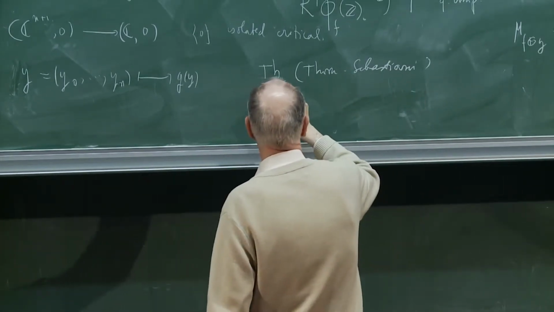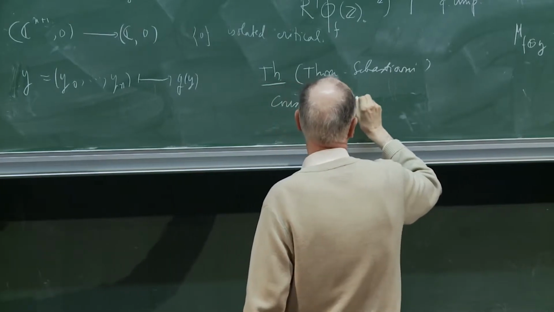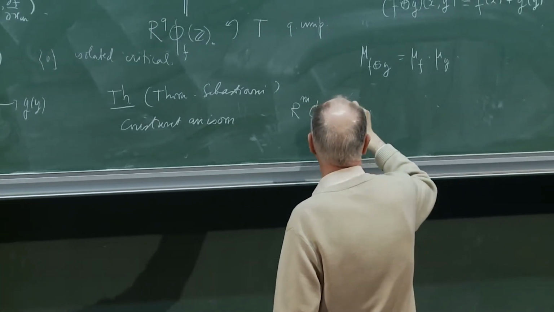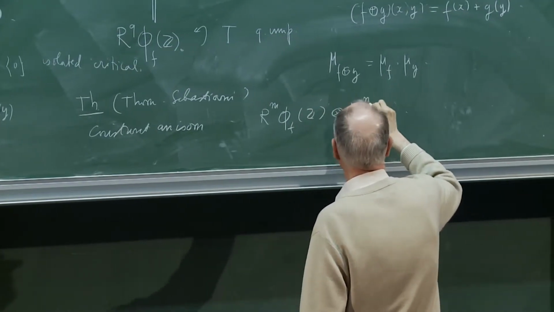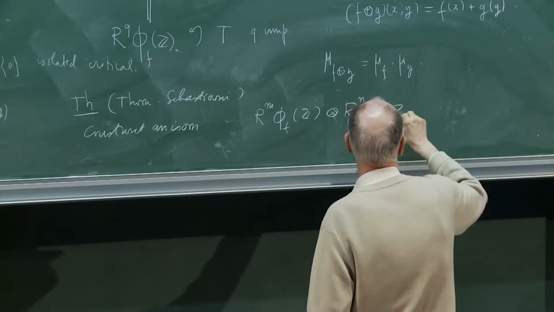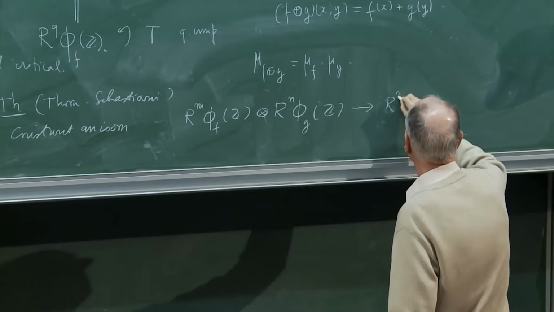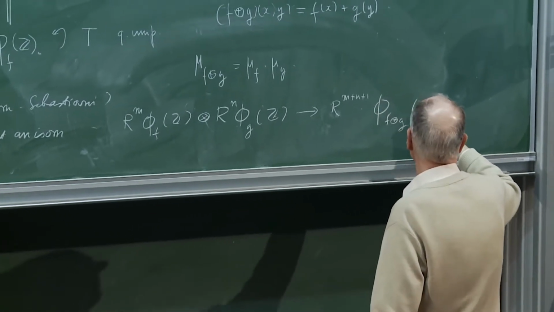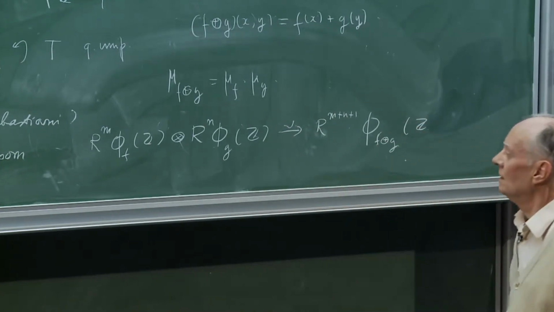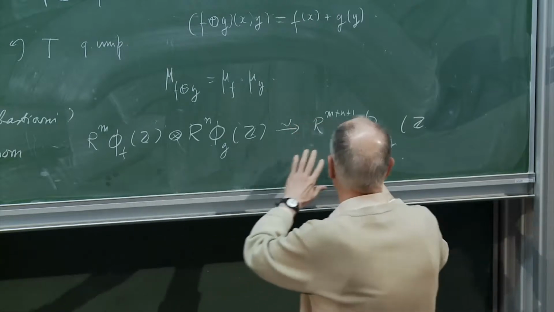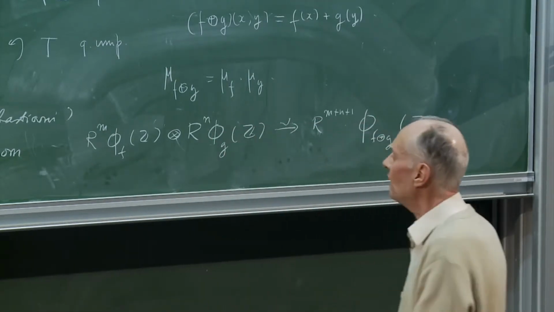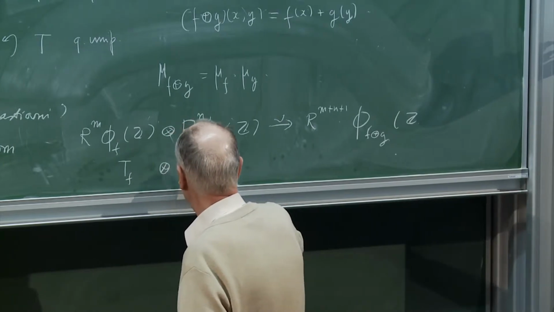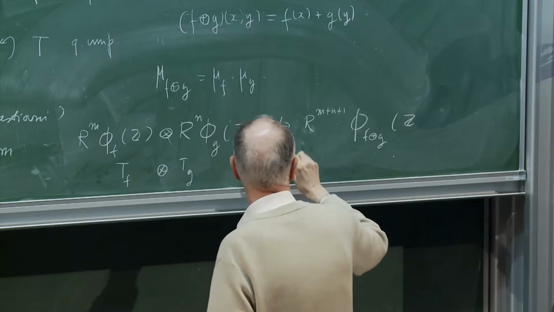There exists an isomorphism, constructed from R^m phi f of Z tensor R^n phi g of Z to the similar group R^(m+n+1) phi f plus g of Z. In particular, this formula gives that the rank is a product of the ranks, and it is compatible with the monodromy operators, in the sense that T_f tensor T_g corresponds to T_(f+g).